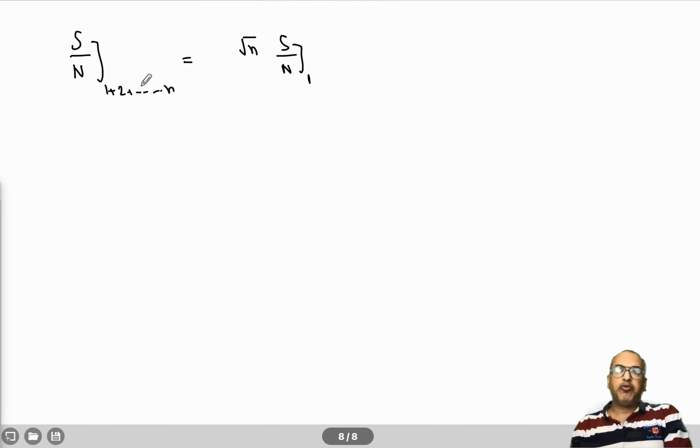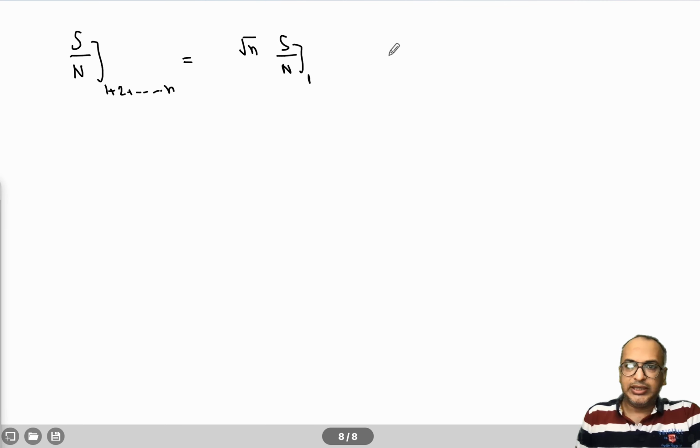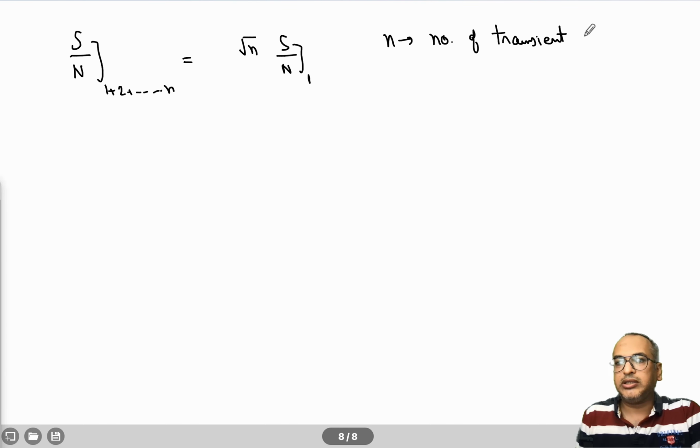So that means if you want to double the signal, you need to increase the number of scans, or the number of times the experiment is done, by 4 times. So this n is also called the number of transients. That is how many times a particular experiment is done and signal is added, or number of scans. In colloquial language, you also call it the number of scans.